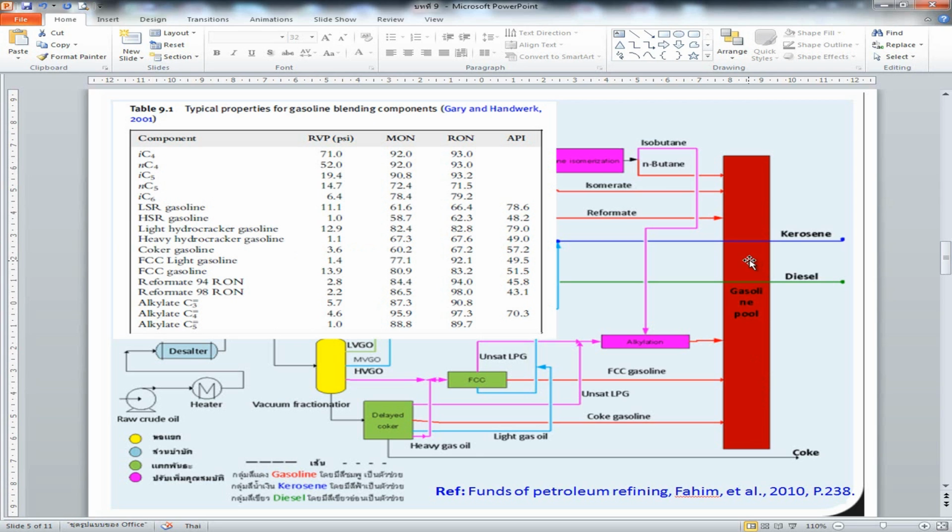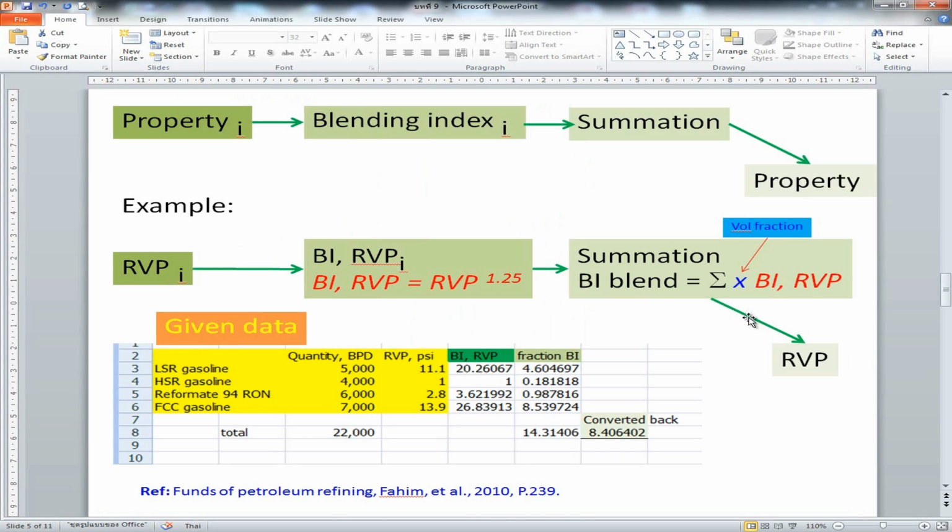When they are added in the gasoline pool, the mixing properties cannot be calculated by simple addition. You have to use the index of blending first. The diagram shows the way of calculation in the next slide.